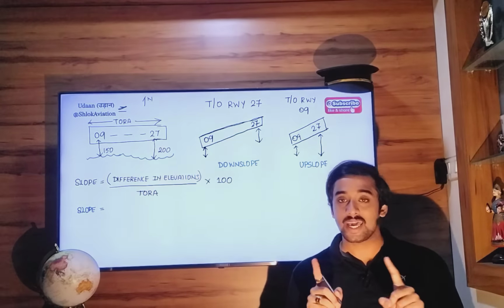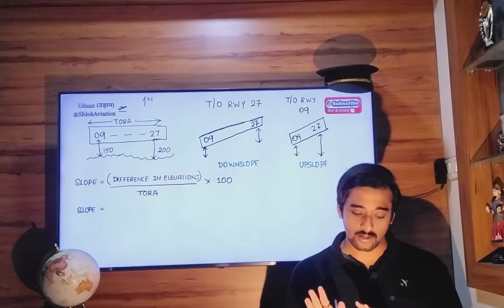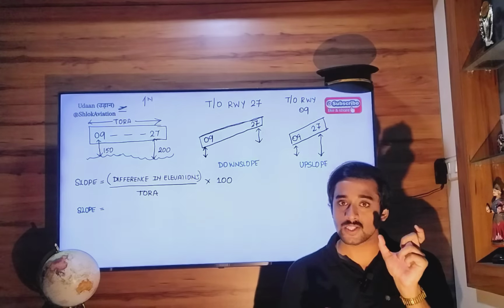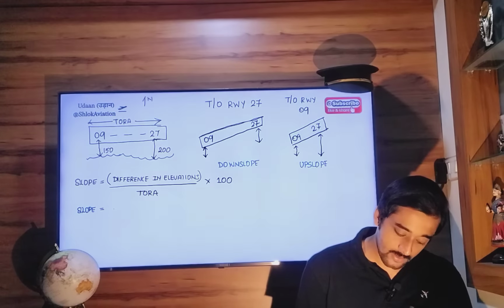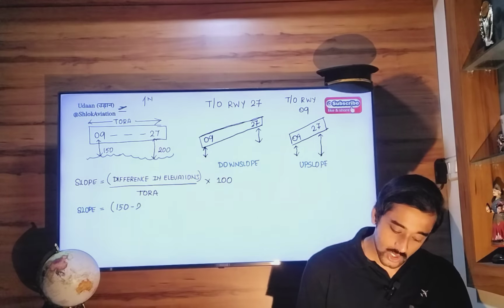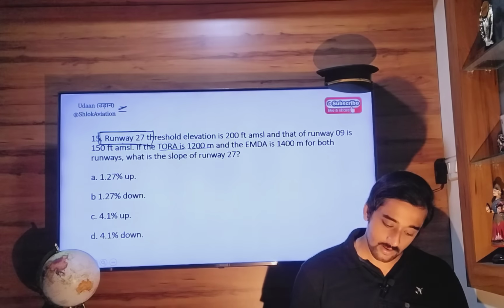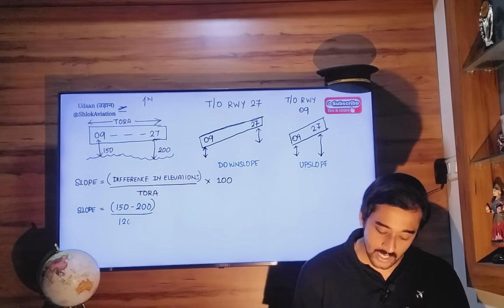Looking at the picture, we know it's a negative slope, a down slope. So we need that negative sign. That negative sign is possible when we subtract 150 minus 200. And takeoff run available is 1500, correction, 1200 meter.